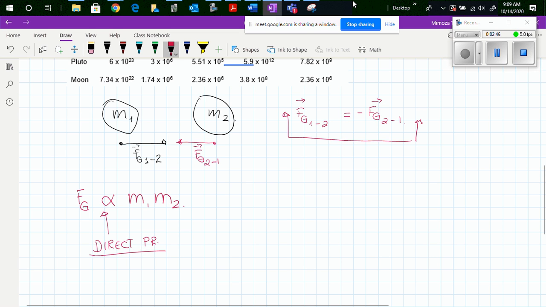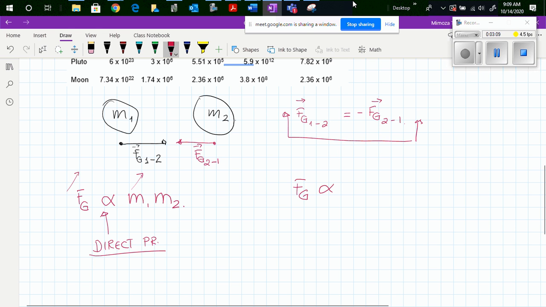Direct proportion means that at the same factor that you are increasing one of the terms here, or decreasing one of the terms, the force will change at the same factor. What do I mean by this? Let's suppose that I bring this relationship again.